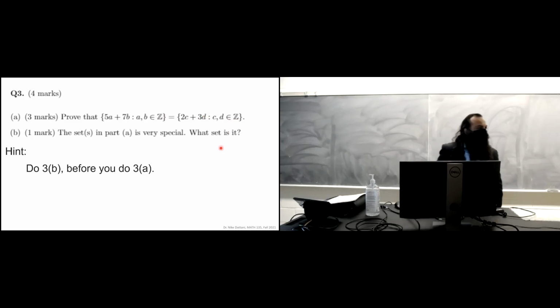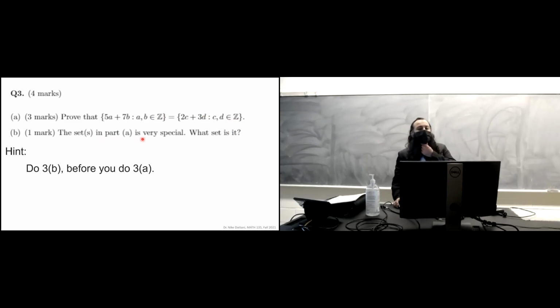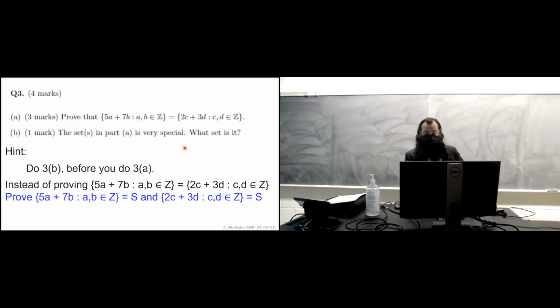I'm not going to tell you what that special set is, but there is some special set that corresponds to both this one and that one. So you figure that out first, and then you'll be able to do 3A much easier.